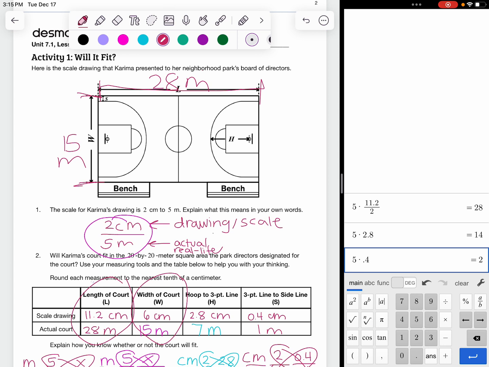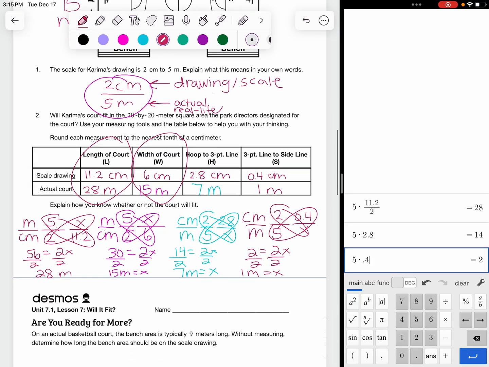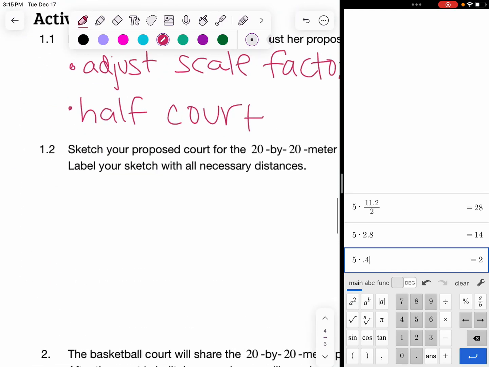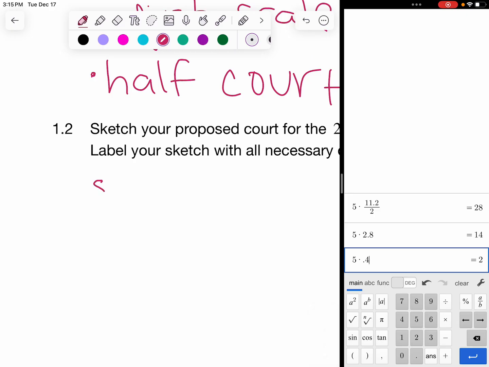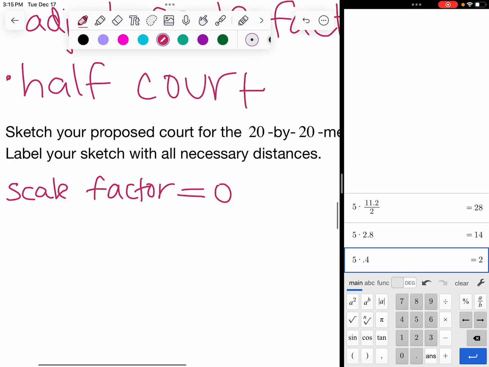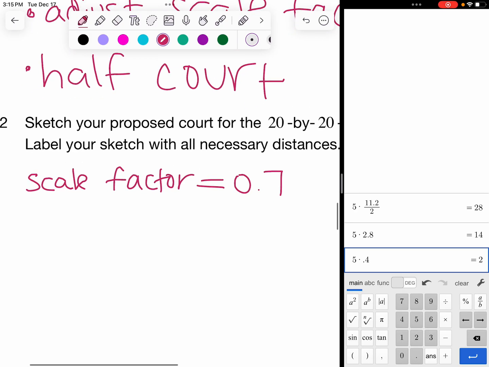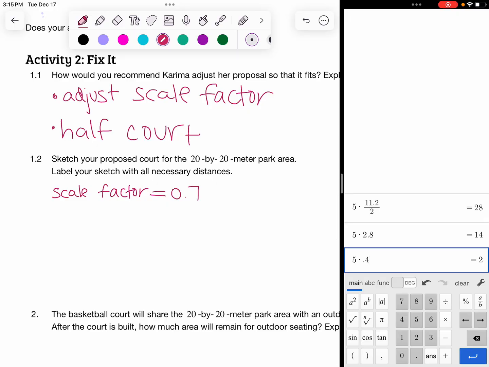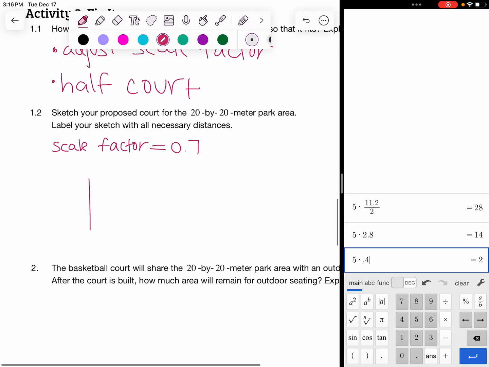Well, what if we adjust our scale factor to be 0.7? That's smaller than what we have now, so our numbers should get smaller. To do that, I'm just going to draw my little rectangle here.